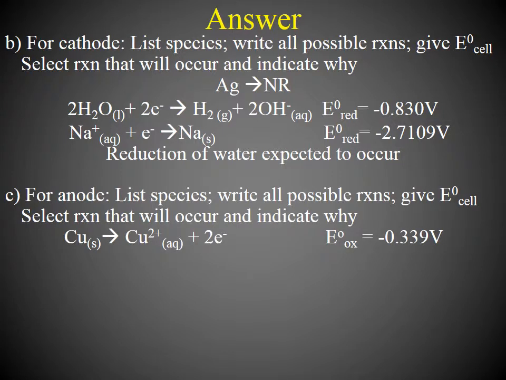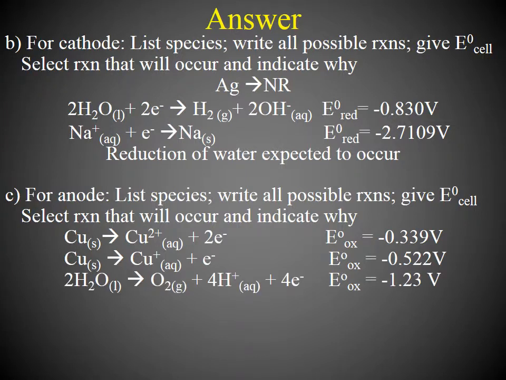At the anode, I could have the copper electrode itself be oxidized. I could have the copper electrode also go to the copper 1 ion instead of copper 2.